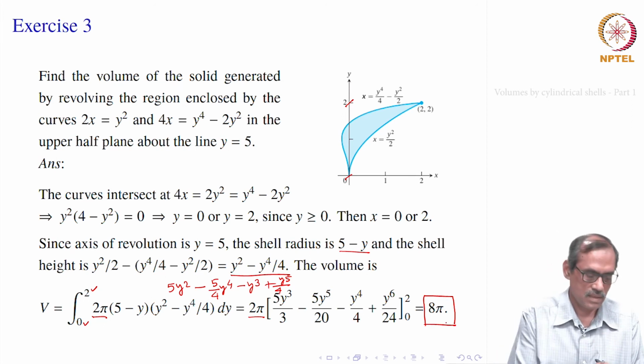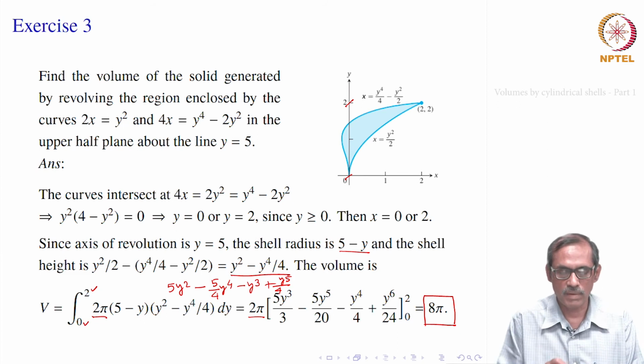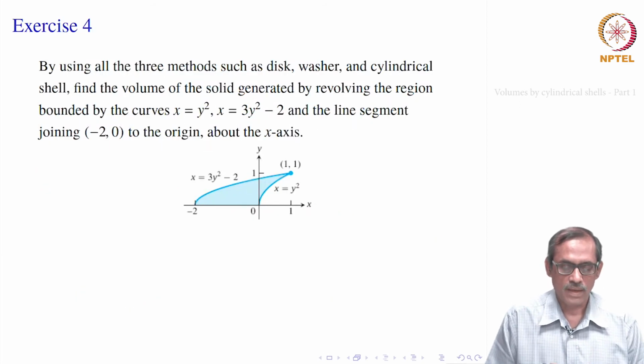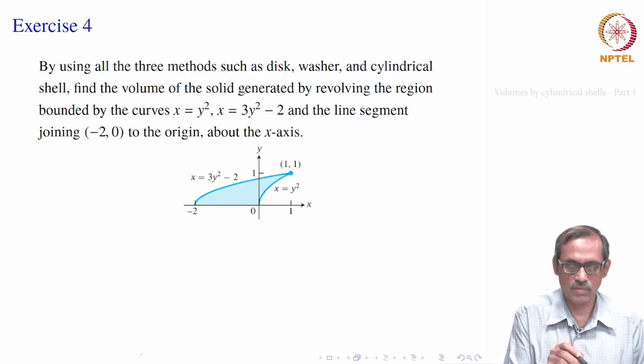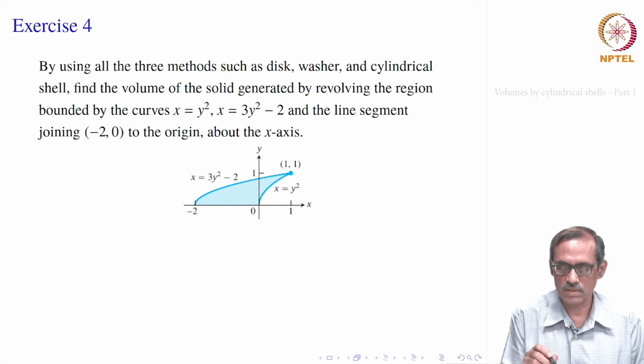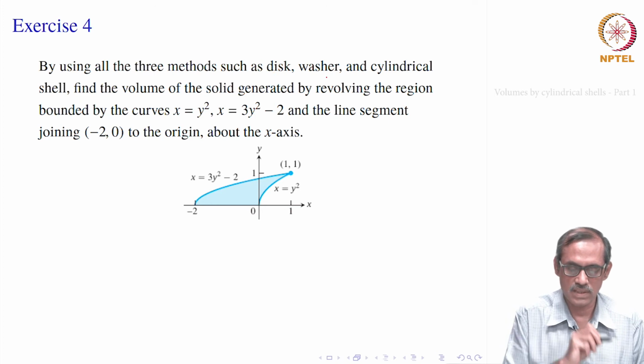Okay. So, we go for the next problem. Here we use all the three methods, such as the disc method, the washer method, and the cylindrical cell method, to find the volume of the solid generated by revolving the region. What is the region?